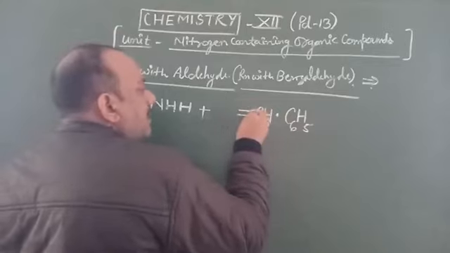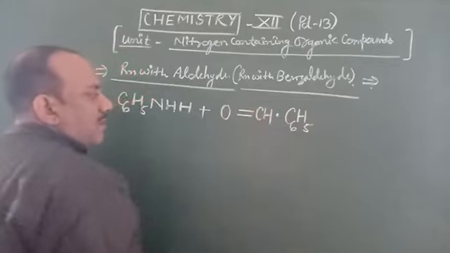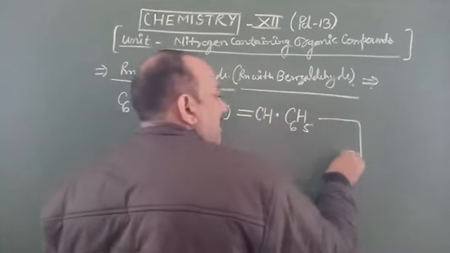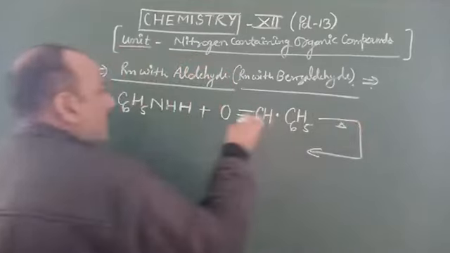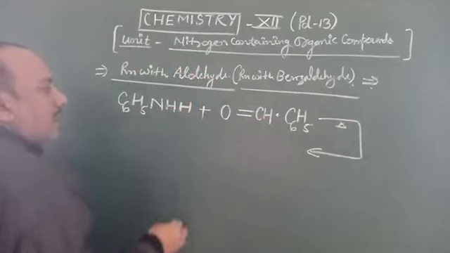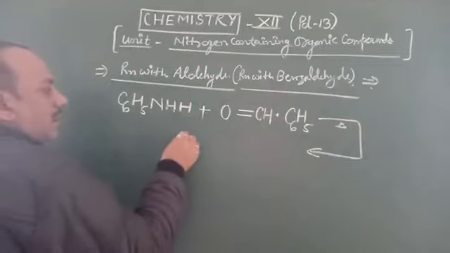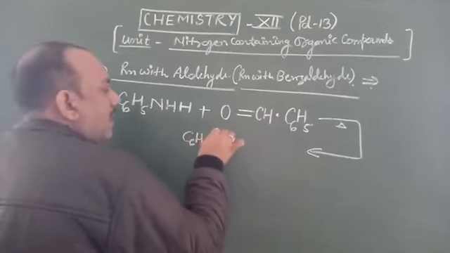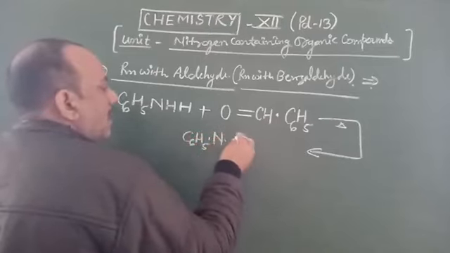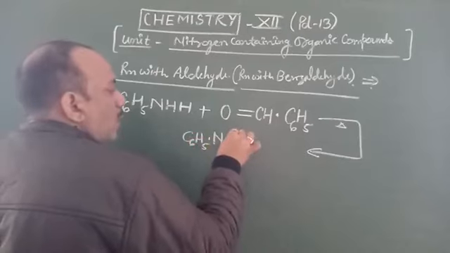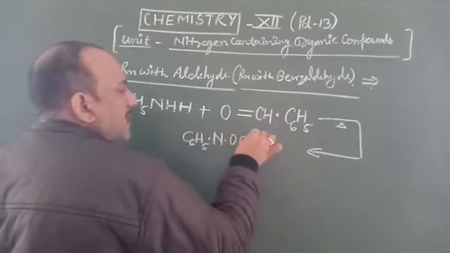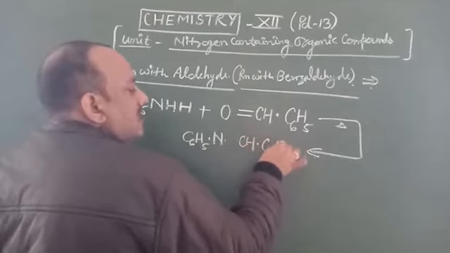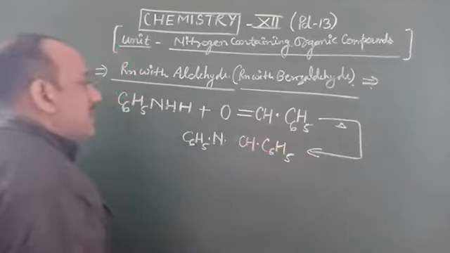It is also represented by its structural form, C double bond O single bond H. It gives C6H5 with CH double bond, and C6H5. It is known as a base.